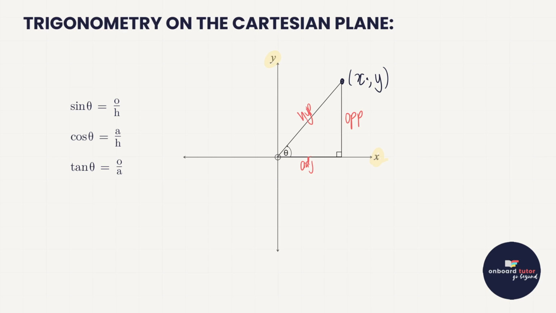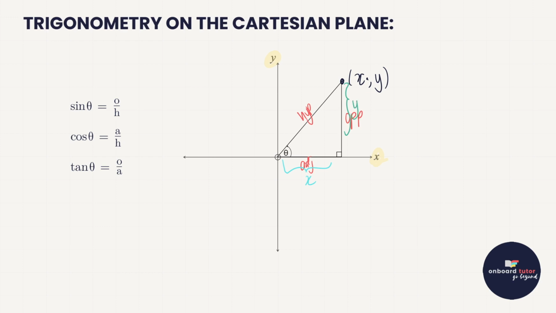Now what we want to do is link this x and y to something. If you have a look at the adjacent side in this case, you'll see the adjacent side runs along the x-axis. So that can be our x length there. And if you look at the opposite side, you'll see that it runs parallel to the y-axis.